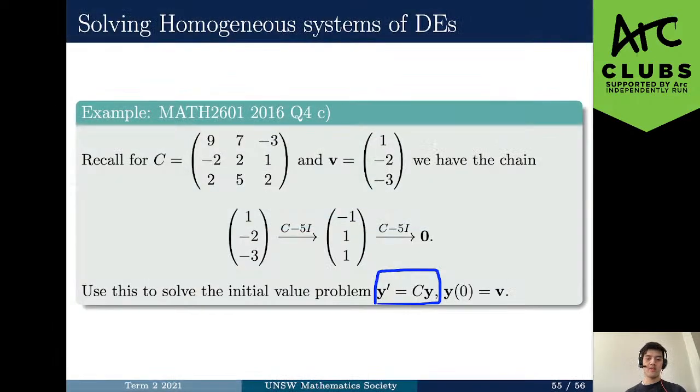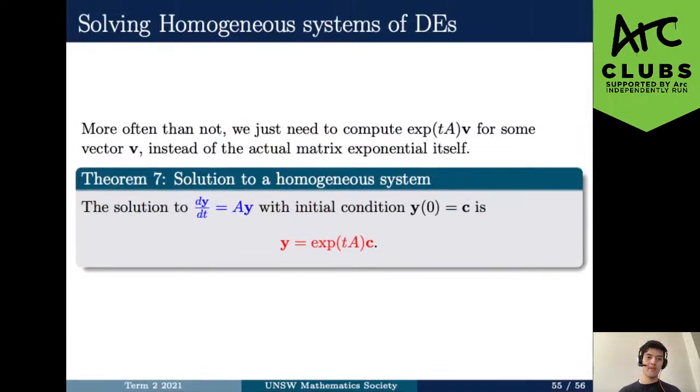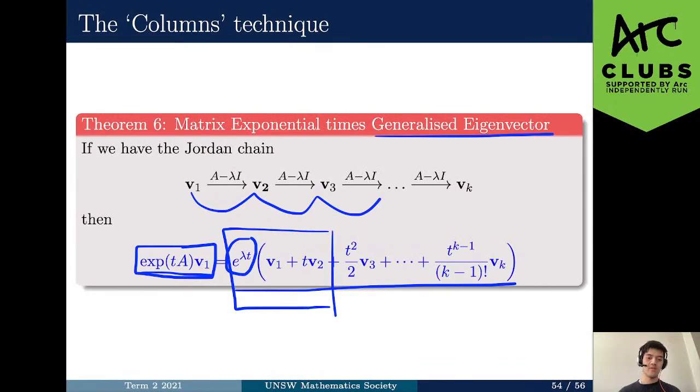In this case, it's V. So all I need to do is calculate e to the Ct multiplied by V. I don't want to calculate the entire matrix; I just need to calculate the product of the matrix with V. And V here is nicely a generalized eigenvector, because we know that if we apply C minus 5I to it twice, we get the zero vector. And so we can just use the formula we had above to calculate the exponential, like this.